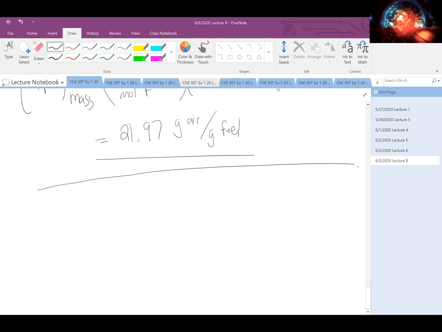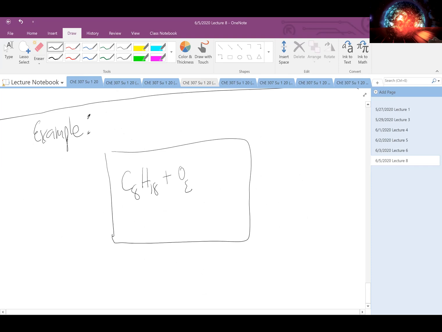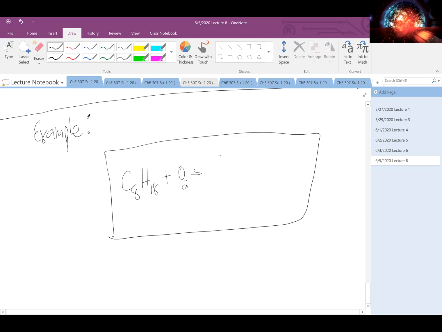Let's look at one more example. Let's say I want to look at octane undergoing complete combustion. I'll make this bigger. Yeah, it should be 25.